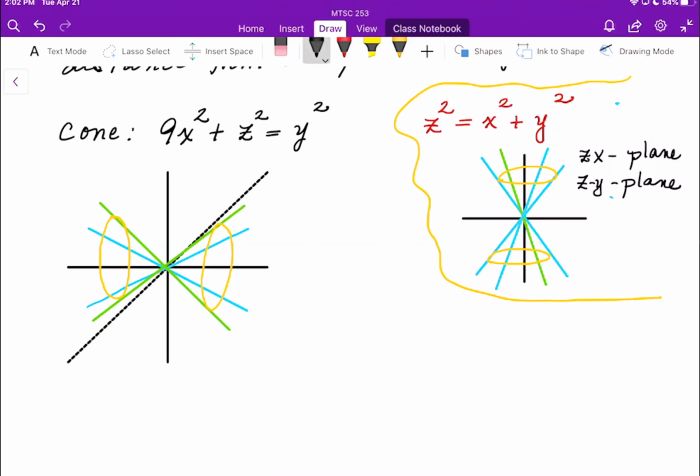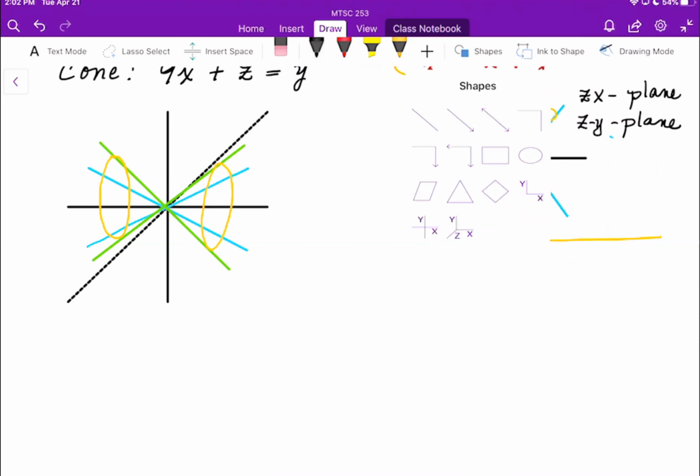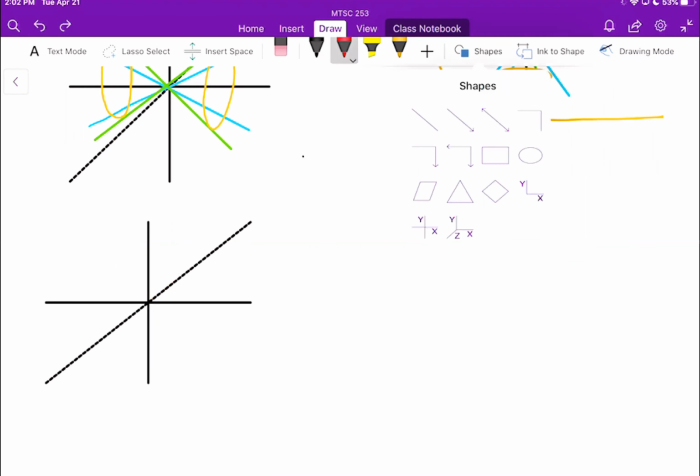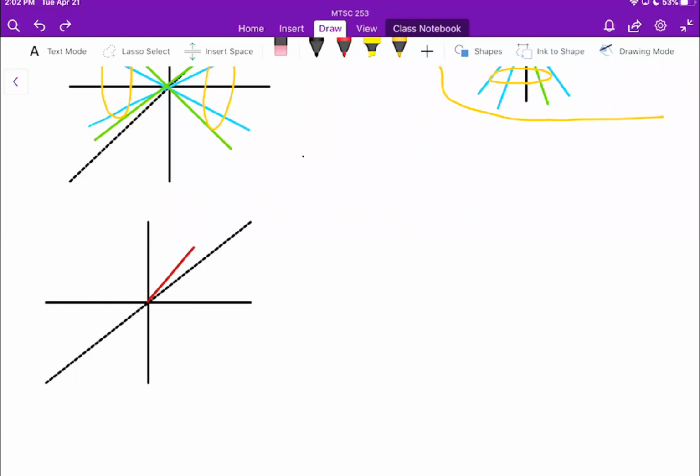So this is what our region looks like, because it's cut off by right here, y is equal to 9.